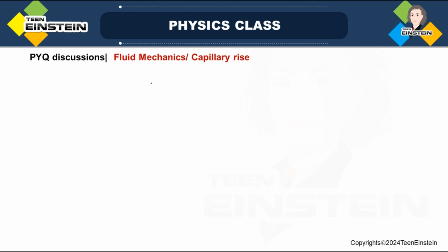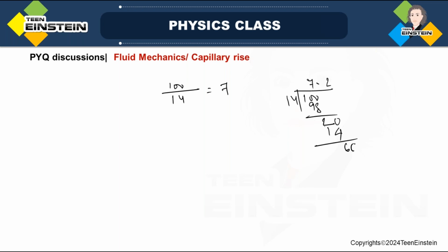Let us do the proper calculation. So this will give you 7.24 up to second decimal.